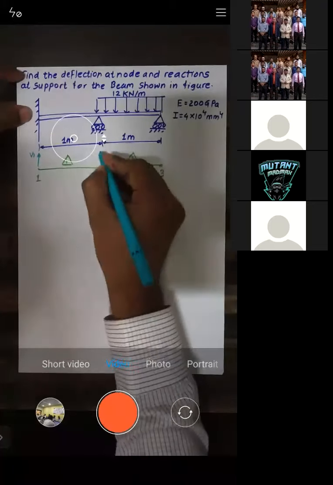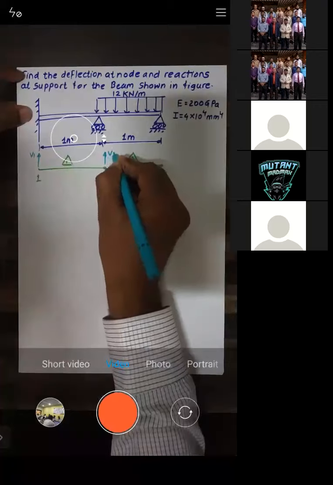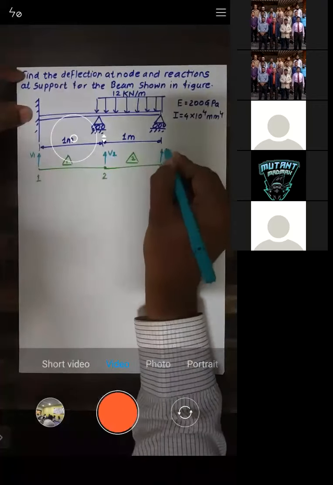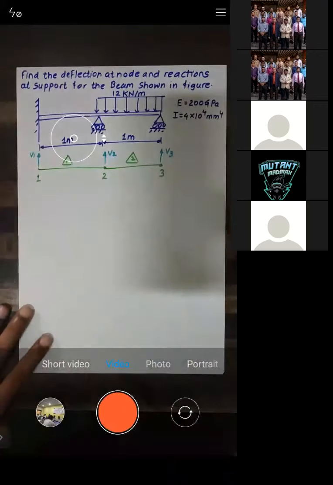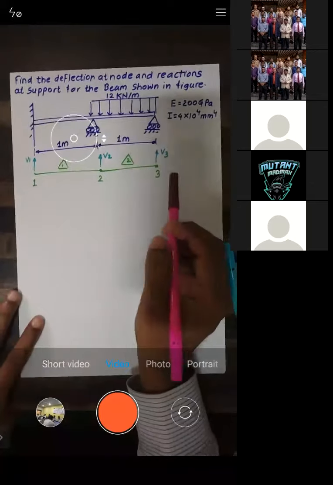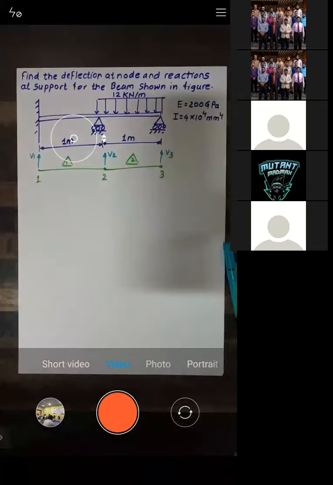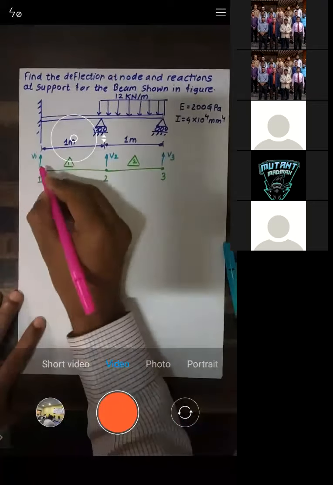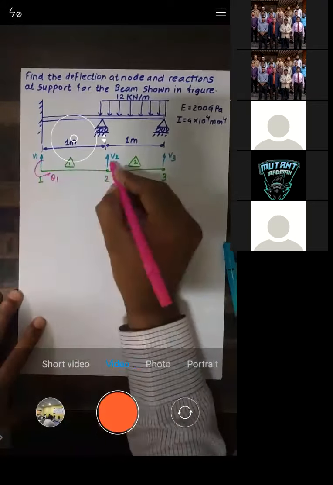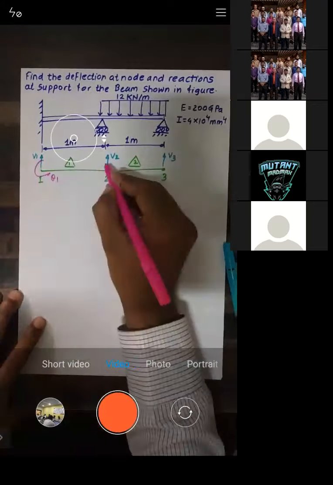Let this be V1, let this be V2, and let this be V3. V1, V2, V3 are the linear displacements. Similarly, we will have some angular displacements, and those are theta 1, theta 2, and theta 3.